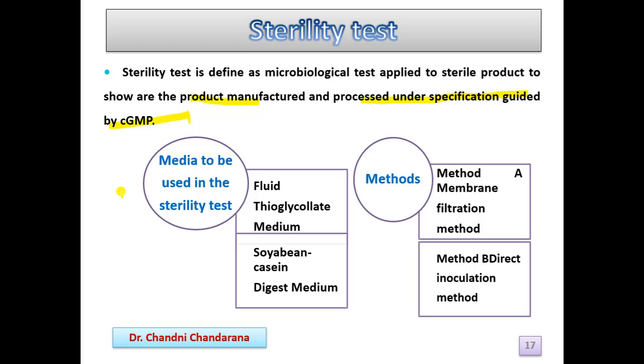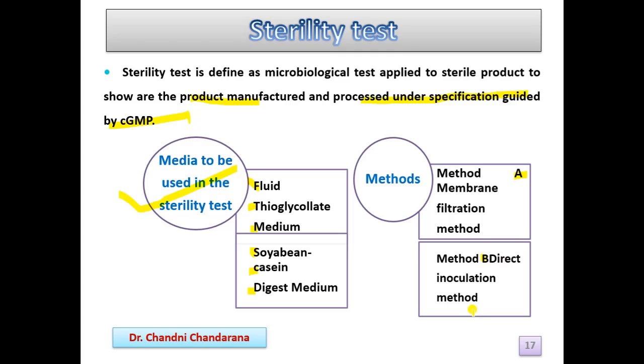The media to be used in a sterility test are 2 media: FTM, fluid thioglycolate medium, and SCDM, soybean casein digest medium. There are 2 methods, method A and method B. Method A is the membrane filtration method and method B is the direct inoculation method.